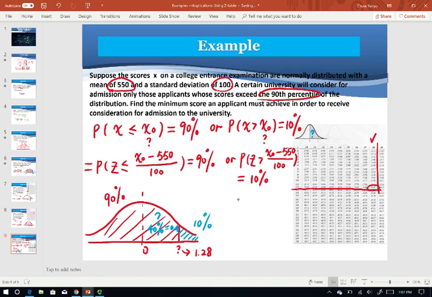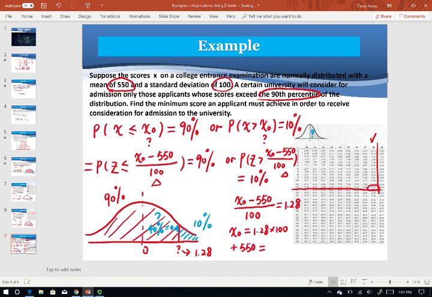That is x0, the unknown number, minus 550 divided by 100. This number is equal to 1.28. So you can solve for x0, which equals 1.28 times 100 plus 550.